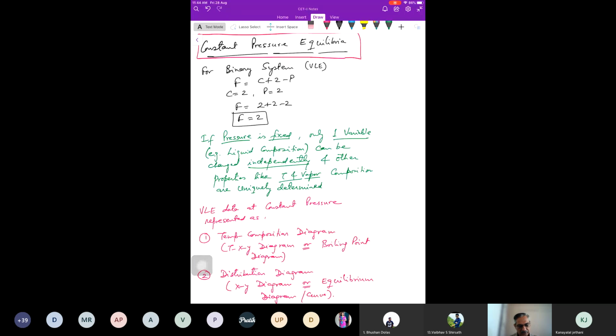We have seen Duhem's theorem, right? Duhem's theorem says that minimum two intensive properties are needed. And our phase rule says the degrees of freedom is defined by F is equal to C plus 2 minus P, for intensive properties only.